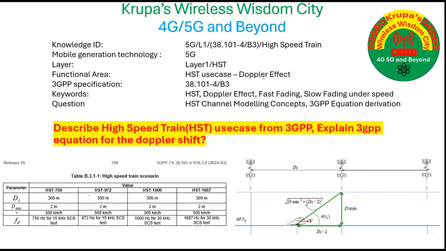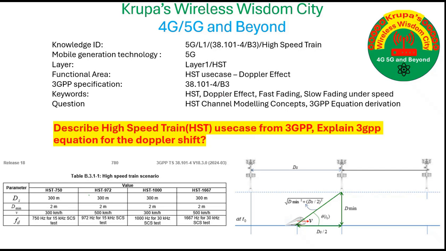I would go into the internals of how the UE and velocity are portrayed as a Doppler effect on our transmission frequency. It is covered in the 3GPP specification 38.101-4, Annex B3. The keywords connected to this topic: HST, Doppler effect, fast fading, and slow fading.